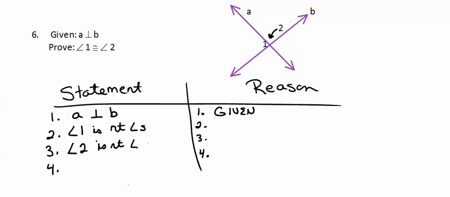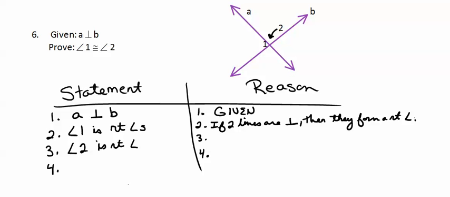The reason for this is the definition of perpendicularity: if two lines are perpendicular, then they form a right angle. Since it is the same for 2 and 3, we don't need to rewrite it. We can simply say same as 2.